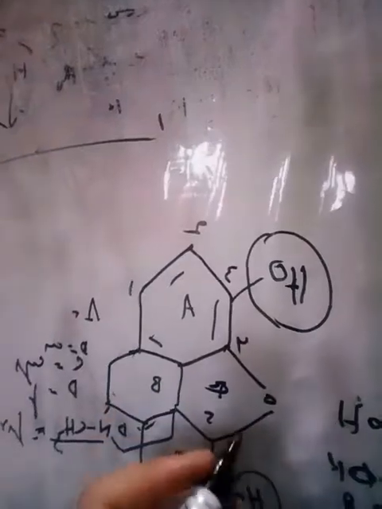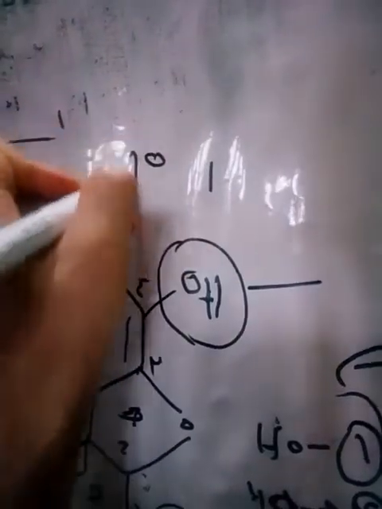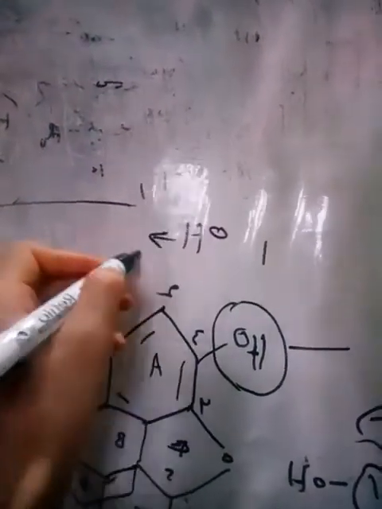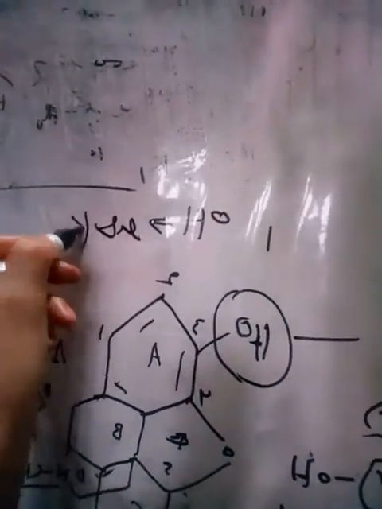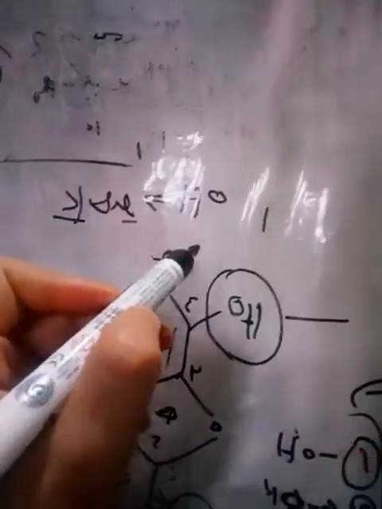So first we see this. This hydroxyl group is required for binding to mu and kappa receptors.